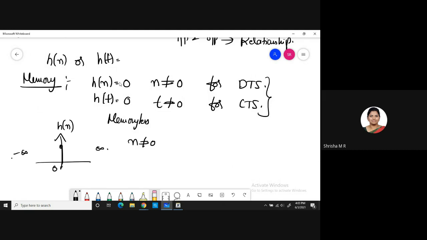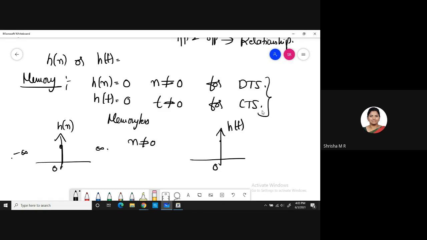I'll repeat once again. A system is said to be memoryless, okay, we are telling memoryless first, if these two conditions are satisfied, that is h of n should be 0 for n not equal to 0 for discrete time signals, and h of t is 0 for t not equal to 0 for continuous time signals. That means in a signal h of t, at t is equal to 0, you can have some amplitude or any value.